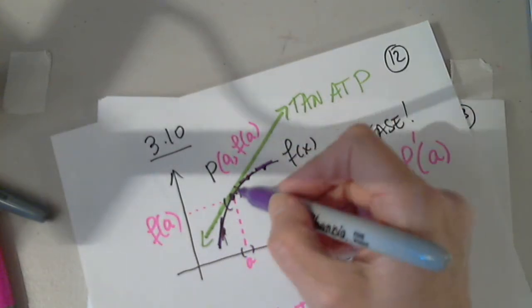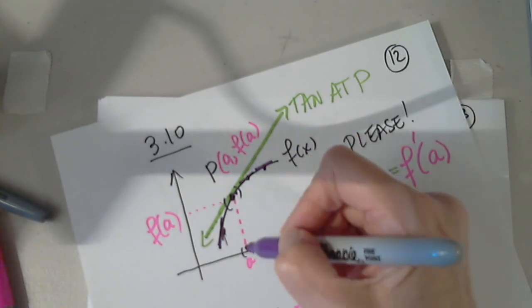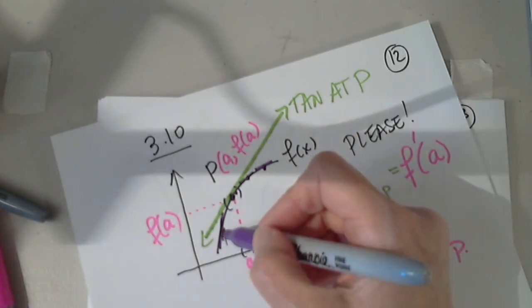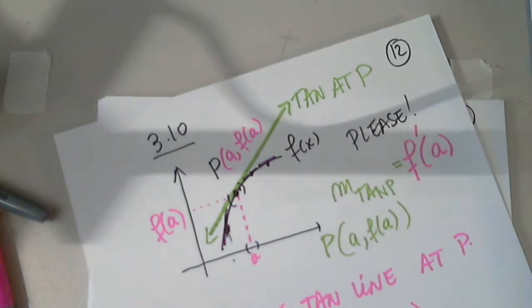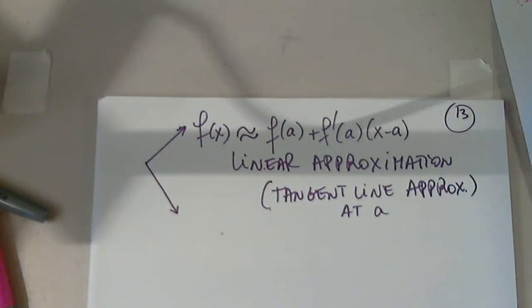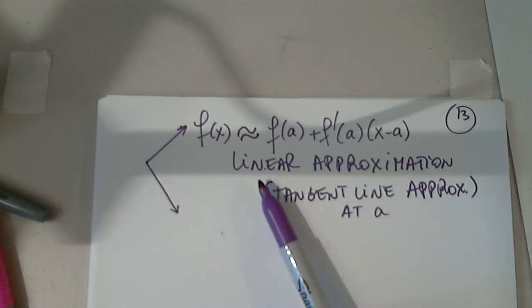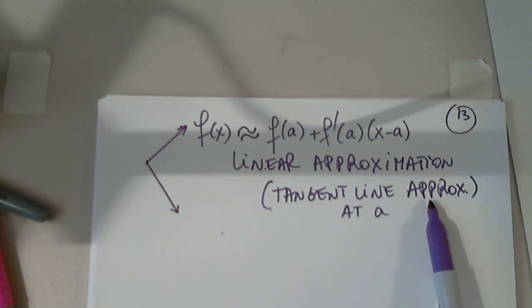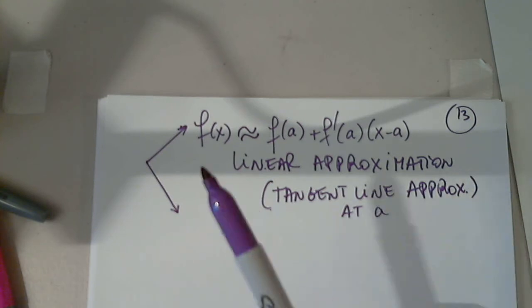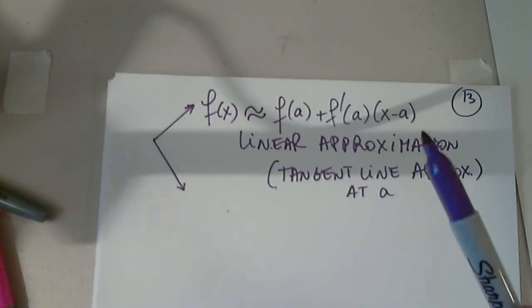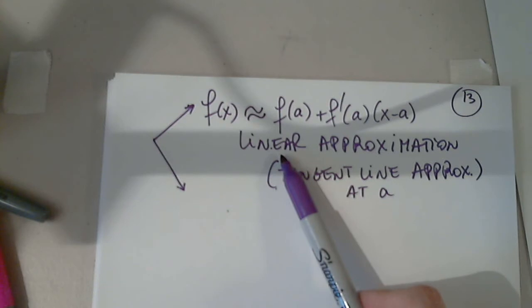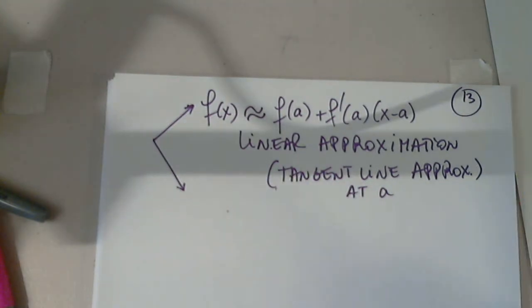You can use this tangent to approximate near A, you can use this tangent to approximate near this value of x, and so on and so forth. So any differentiable function can be approximated by a line everywhere where it's differentiable.